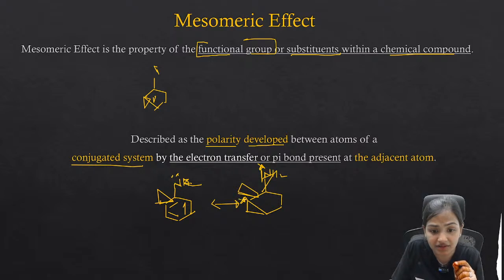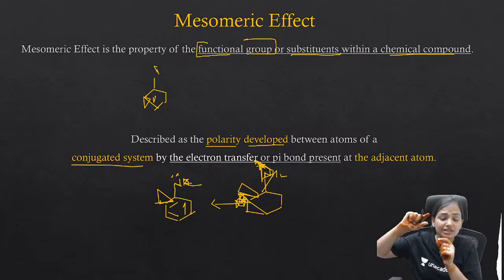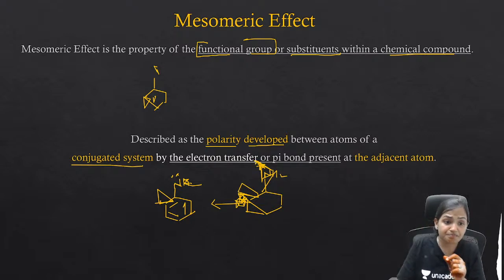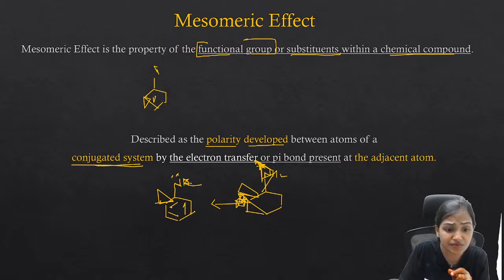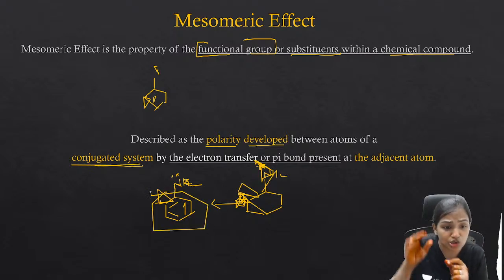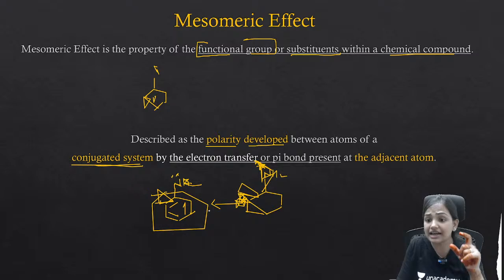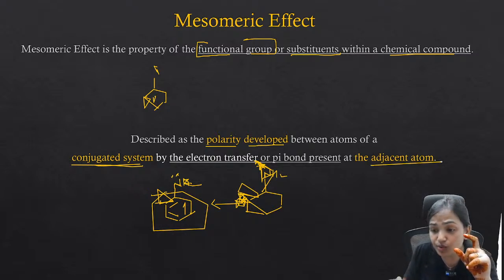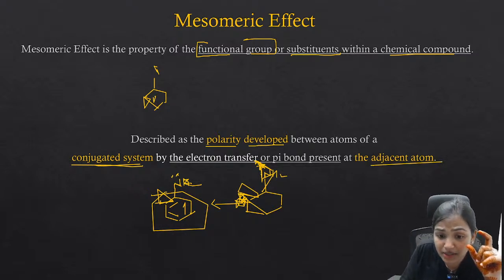Here we have a negative charge, and here we have a positive charge. So we can say that this benzene is basically a conjugated system and the adjacent atom is the atom adjacent to this benzene ring.